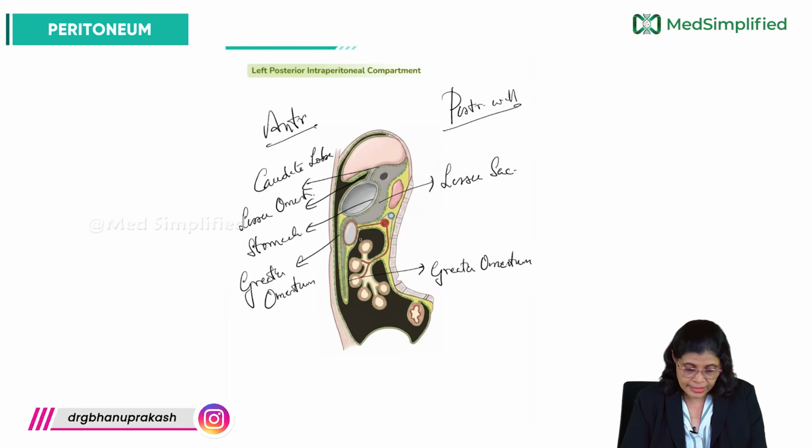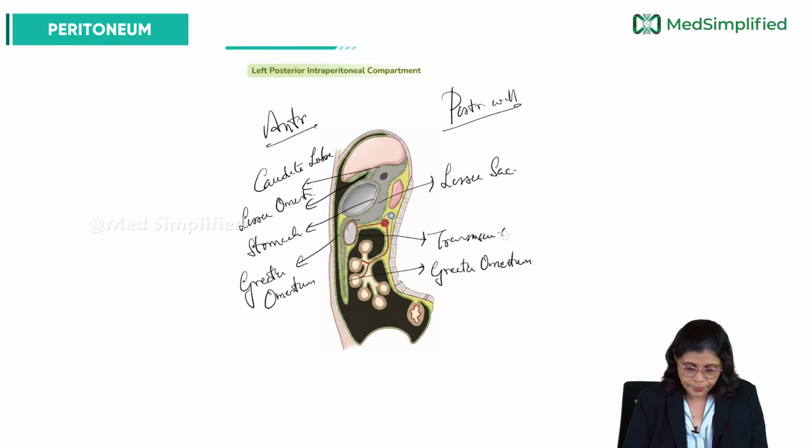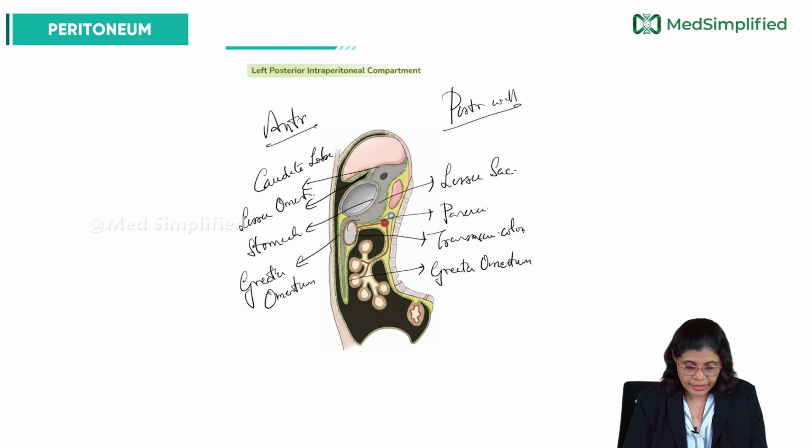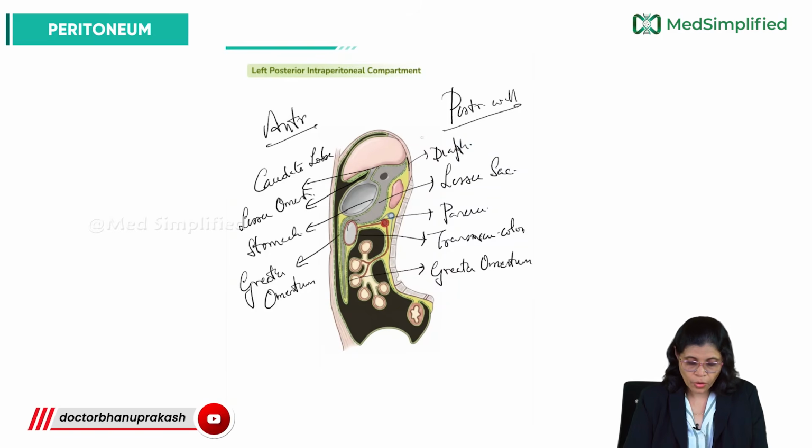So here we will see the transverse colon and the transverse mesocolon, and then we have the pancreas, then the upper part of the left kidney and left suprarenal gland, and the diaphragm here. This is the diaphragm. So all of these, except for the spleen, which form the stomach bed, will be forming the posterior wall of the lesser sac.